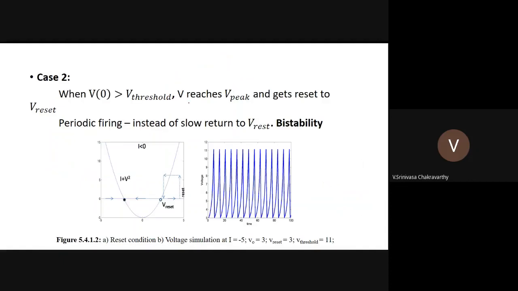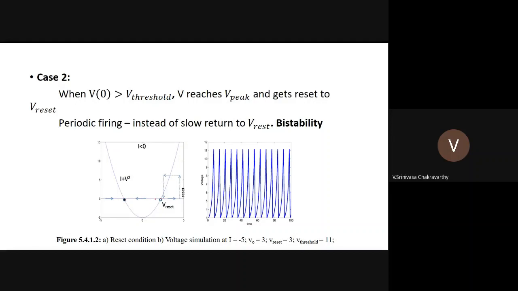Now we'll show a different result. V reset in the previous case was to the left of V rest, which means it's less than V rest. But suppose V reset is beyond V threshold. Then you have something interesting. This point is still like a resting state, because from left and right, you come back to the same point.